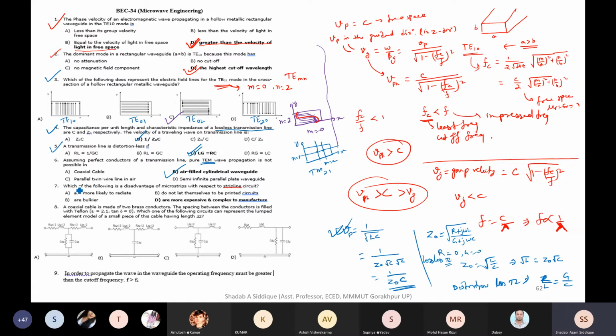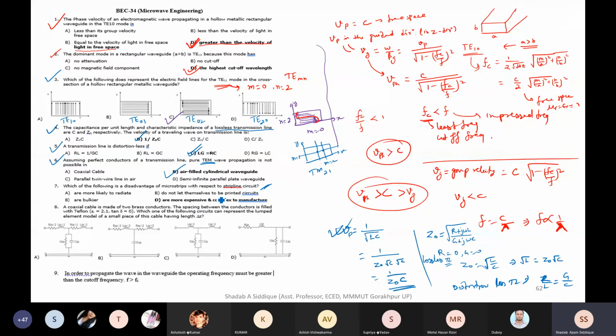Okay. Now, next one. Which of the following is a disadvantage of microstrip with respect to the strip line circuit? In the last lecture, we were discussing microstrip line and strip line.